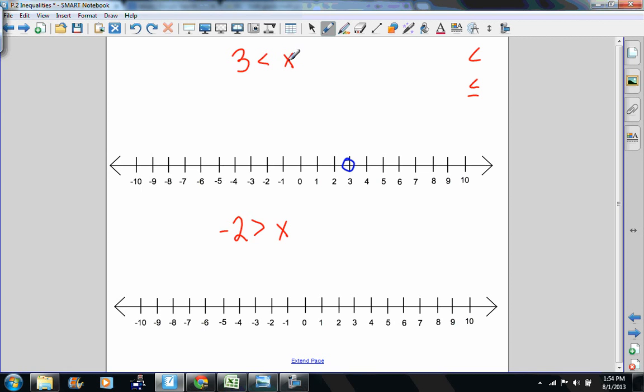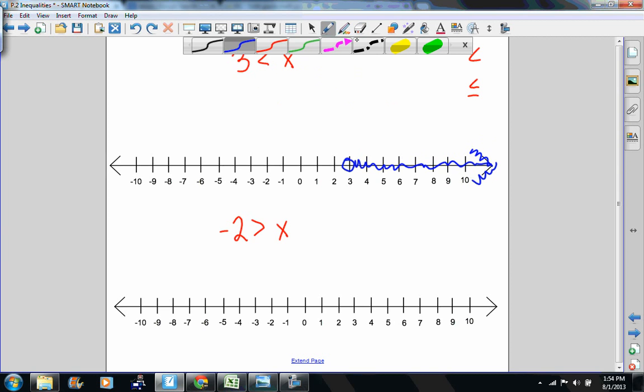In this one, the alligator mouth is eating the x, therefore we're going to be shading to the right, which means in this inequality, we will take any number for x that's bigger than 3. So 4, 5, 8, 10, 1 million, whatever, are all available numbers for x because we want bigger numbers for x.